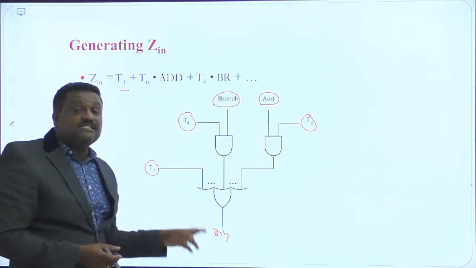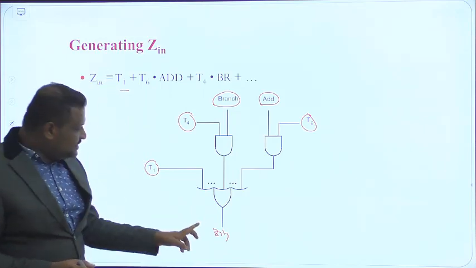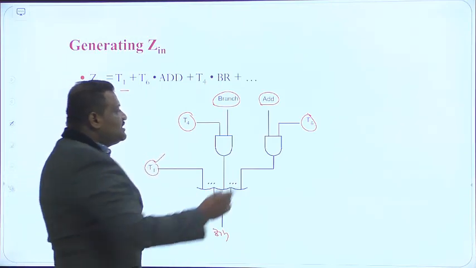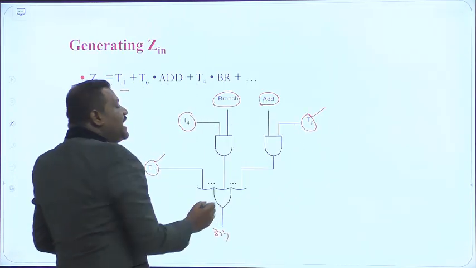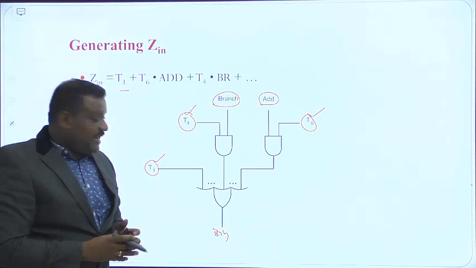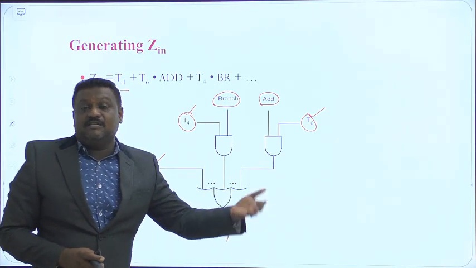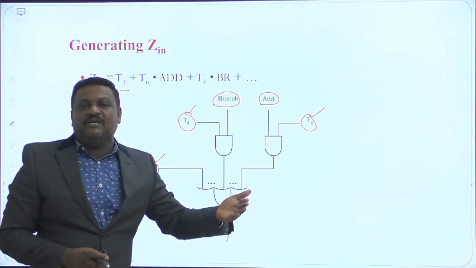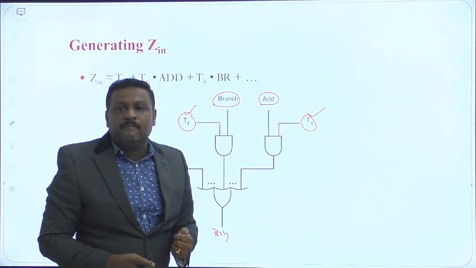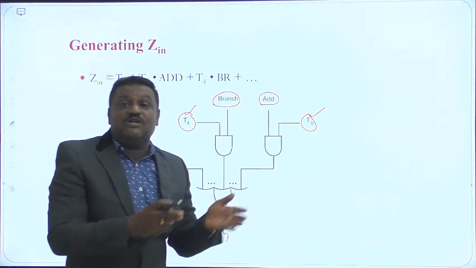The meaning of this is the Zin signal is active in time instant T1, as well as time instant T6 along with add, and time instant T4 along with branch. Like this, my Zin is active in different cases, that is, in different time instants. Zin is one of the control signals generated by the encoder output.